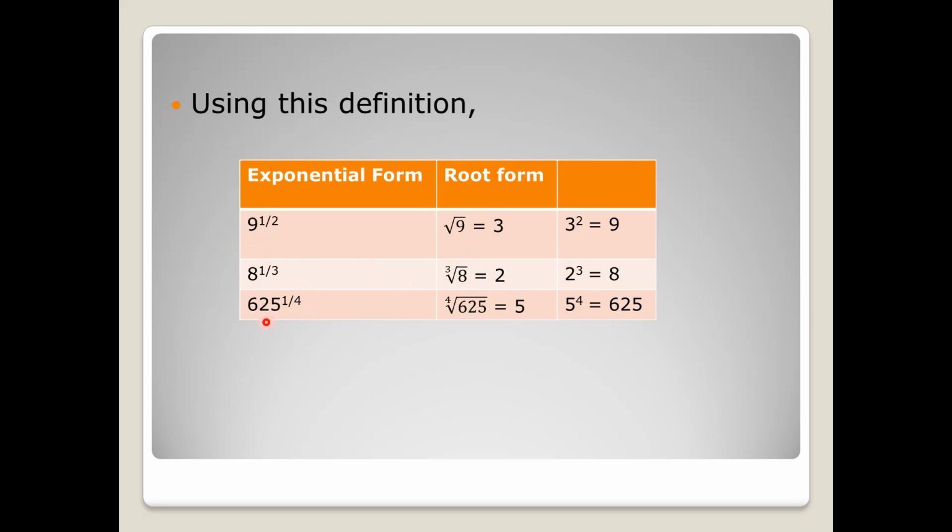How about this? 625 to index 1 over 4. This is the fourth root of 625, which is 5, because 5 to the power of 4 is 625. These are just some definitions showing the relation between the nth root and the exponent.